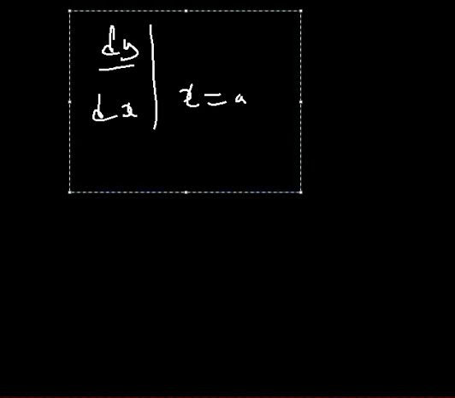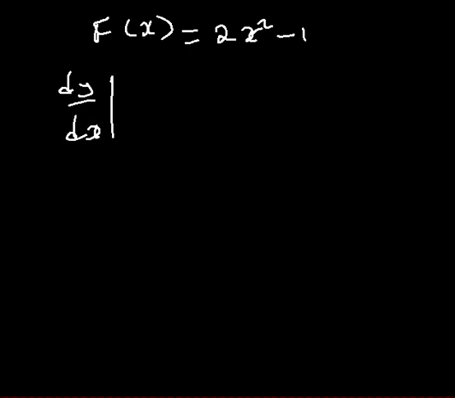In the first instance, let's say we have a function f of x is equal to 2x squared minus 1. Now evaluate dy over dx at x is equal to 2. So which means this is the same as having f prime of 2.